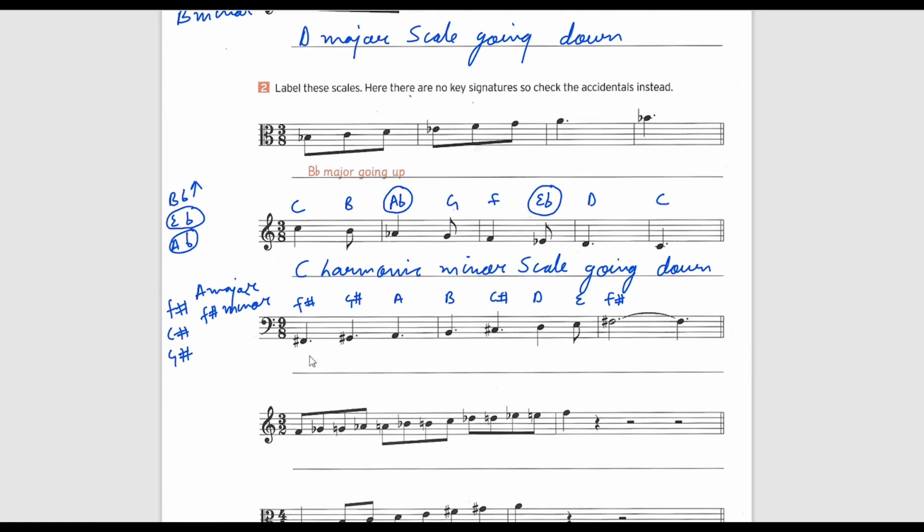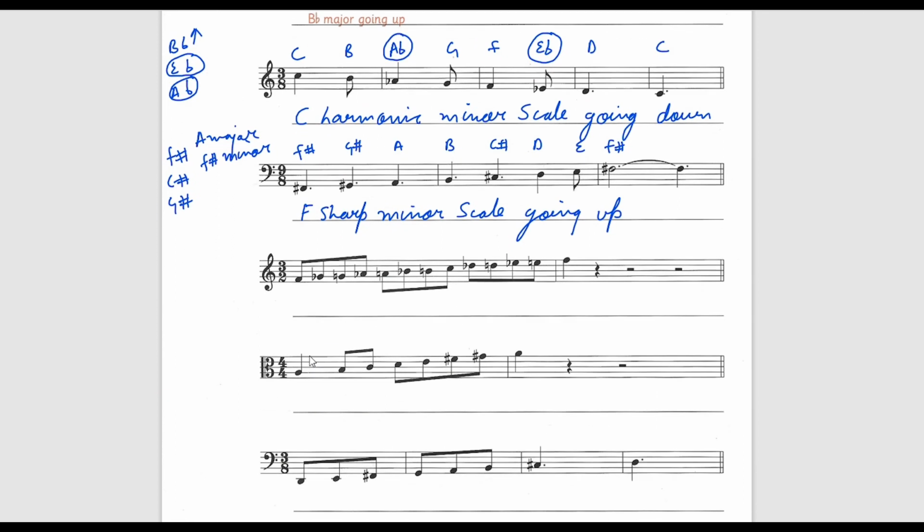So this is our F. So if we write it down sharp like that, F sharp minor scale going up. Okay. Now next one.